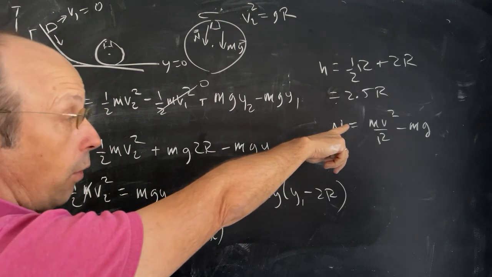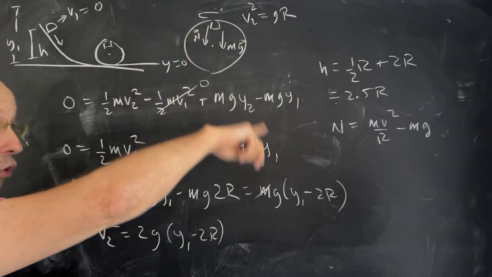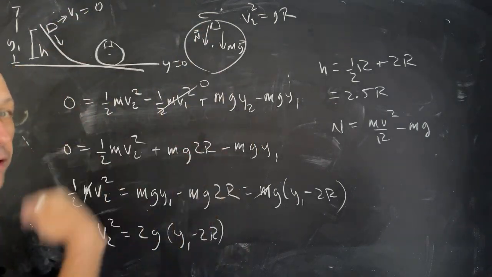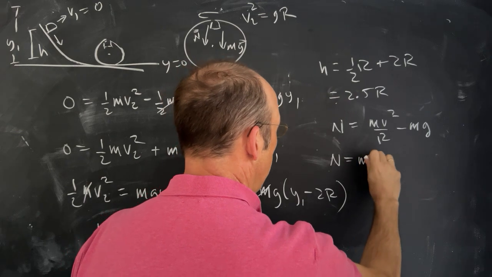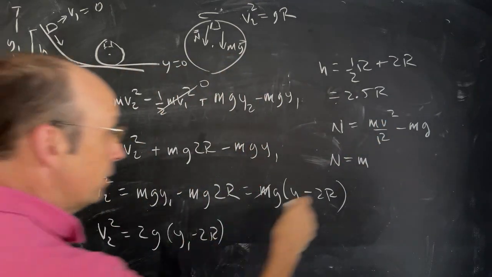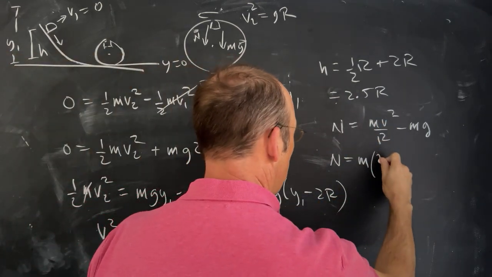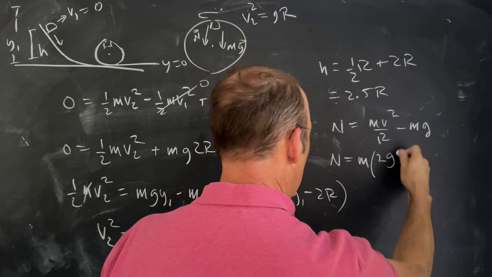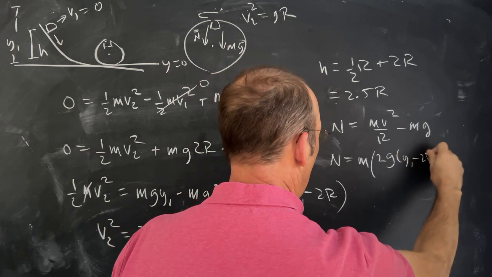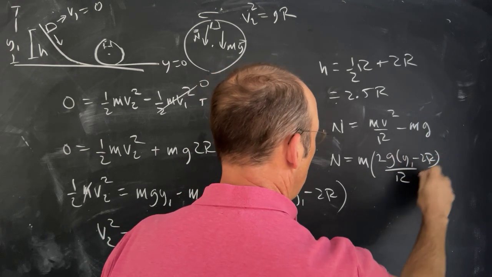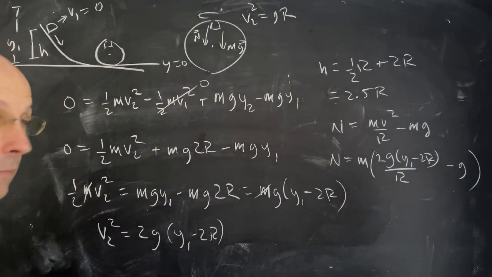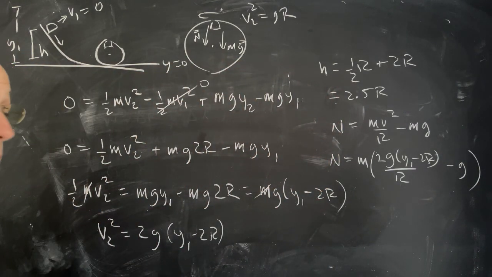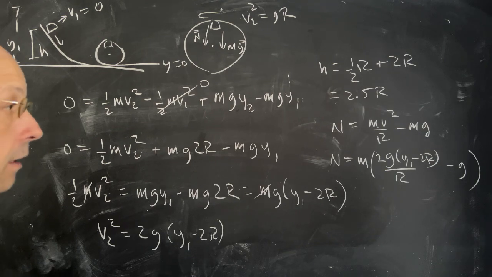Now, if I put that in there, I want to find the normal force in g's, so you can factor out the mass, and that's fine. So I get N equals m times V squared, which is this, so it's going to be 2g y1 minus 2r over r minus g. And that's my normal force. Okay, I should have got my calculator out to find that.